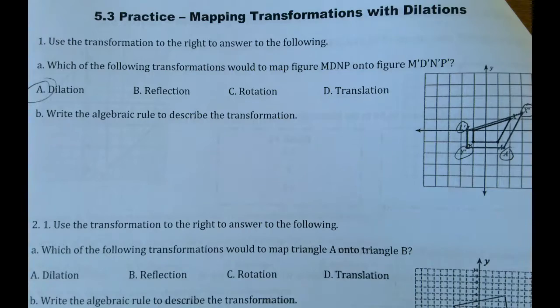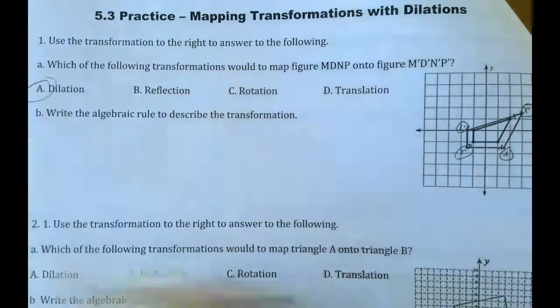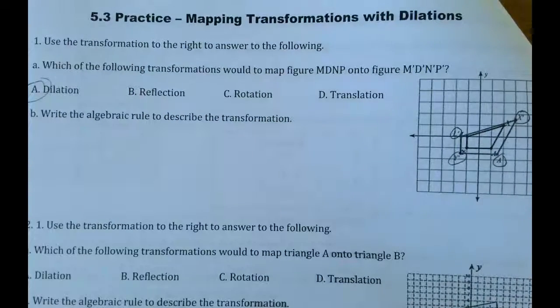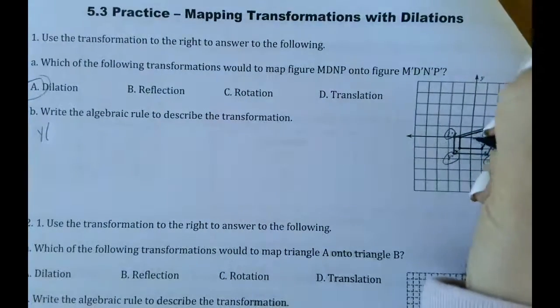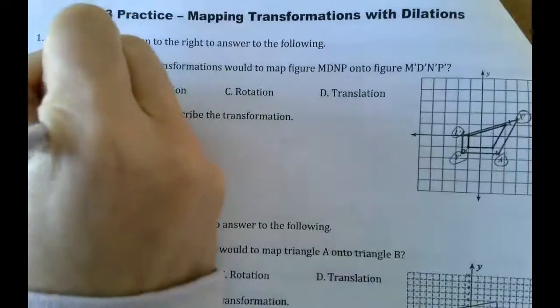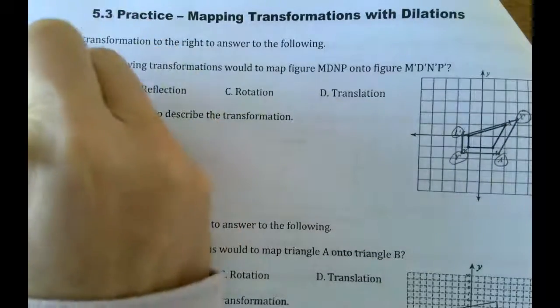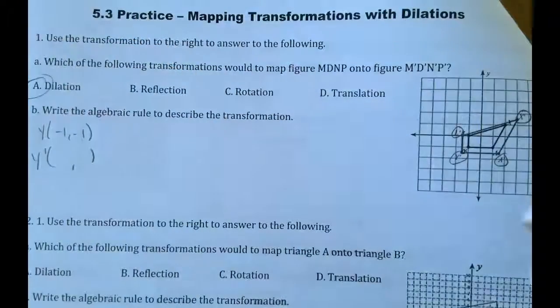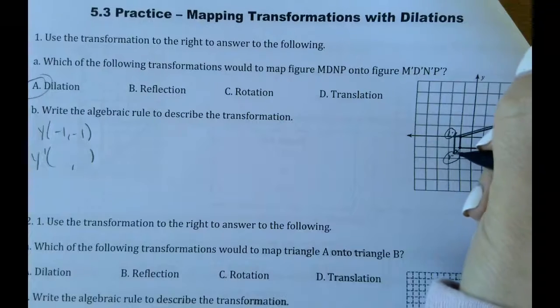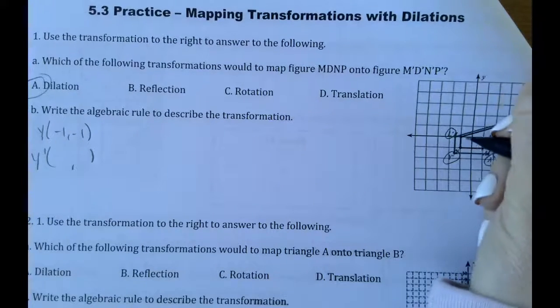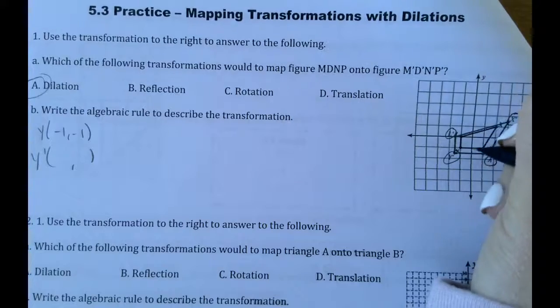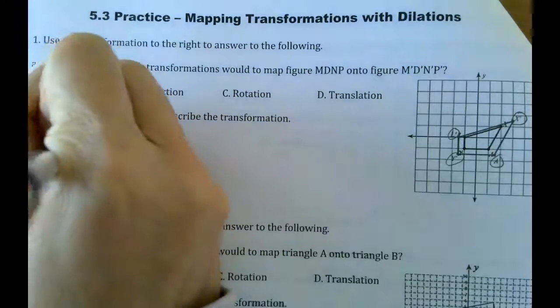So if we look at our original points, we'll just do point Y. Original Y is at -1, -1. And the new Y is at, oh boy, it looks like -1.5, -1.5.